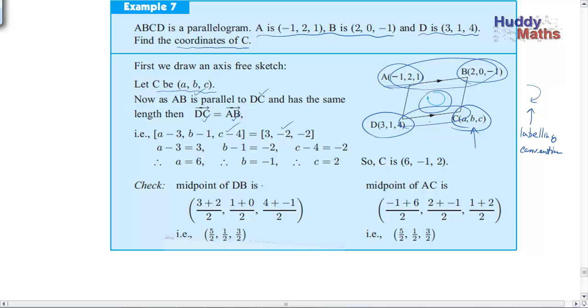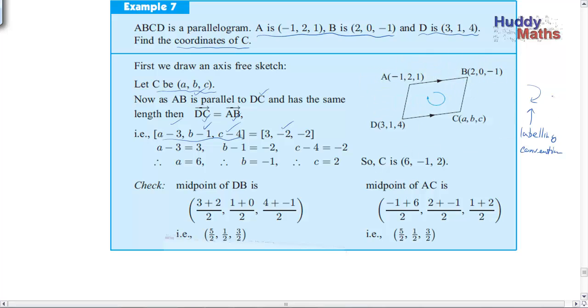Here it is, so put AB second. DC, of course, D to C, will be A take 3, right, second point minus the first, B take 1, C take 4. Those three have to equal the displacement of A to B. The displacement of A to B in a parallelogram is going to be equal to the displacement of D to C.